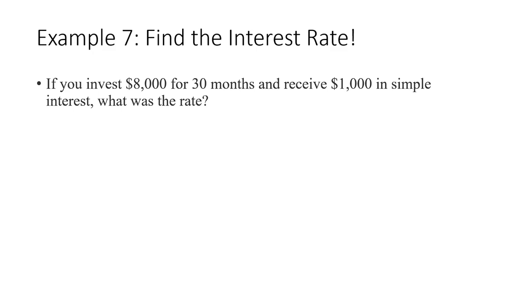If you invest $8,000 for 30 months and you receive $1,000 in simple interest, what was the rate? What was your interest rate? So what this means is we want to find R. To do that, we know the amount of interest that's earned. We want to start with the amount of interest that's earned, $1,000. That's equal to the principal, $8,000, times the interest rate, times T, 30 months, 30 divided by 12, 30 months converted to years, 2.5 years.